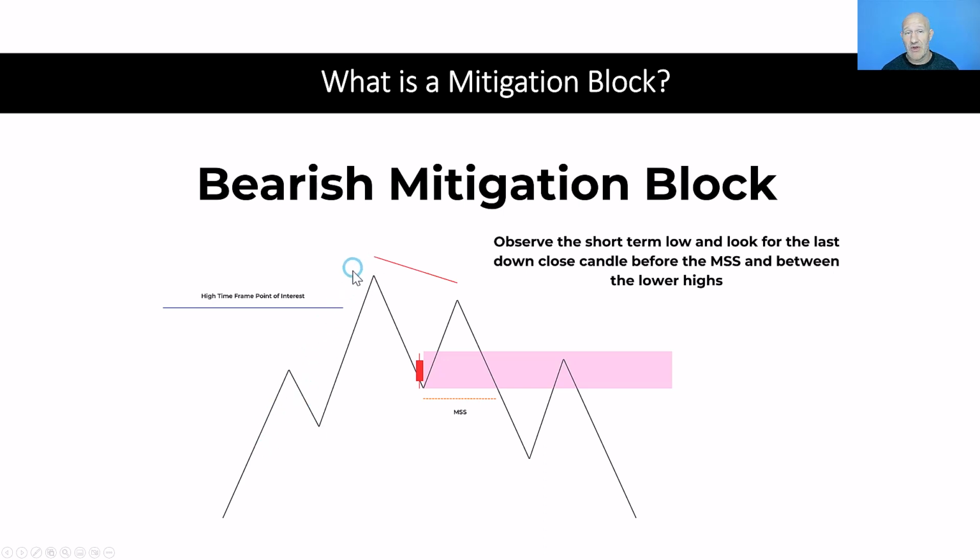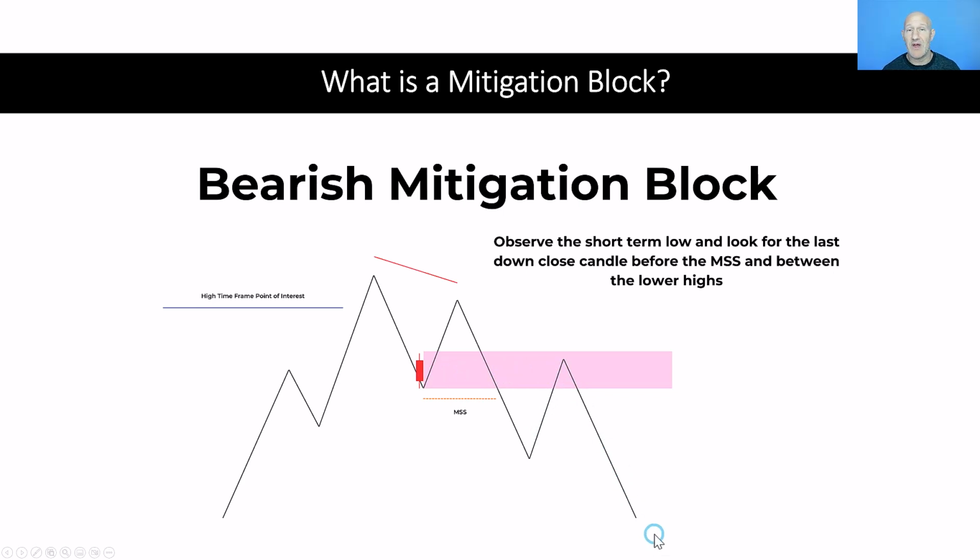We create a swing high and then the market pulls back and we create this short-term low here. The market then rallies again, but this swing high is actually lower than the previous swing high, so we have a lower high. The market then trades lower again. We break the short-term low, which creates our market structure shift. The market then trades back higher into this zone before then selling off.